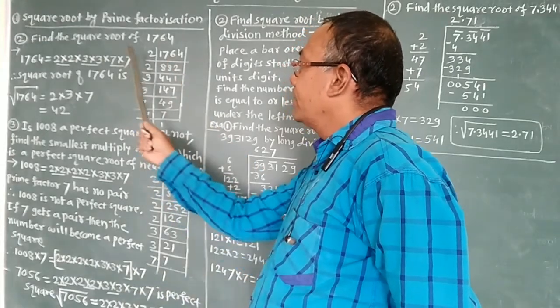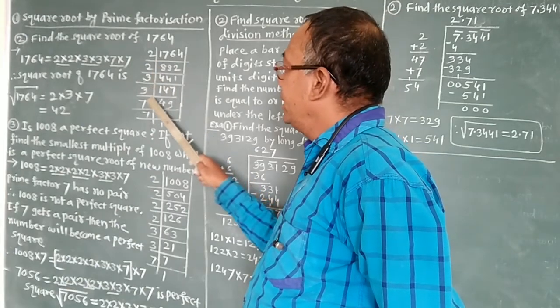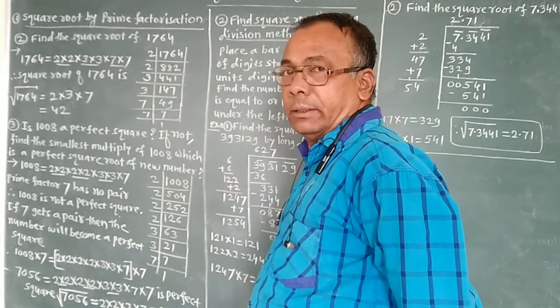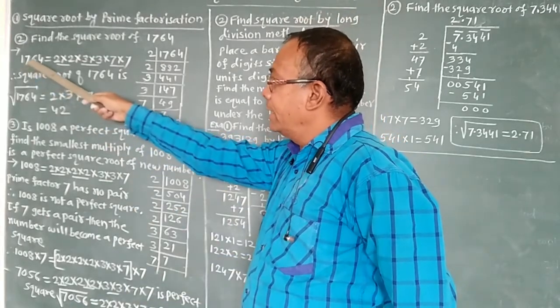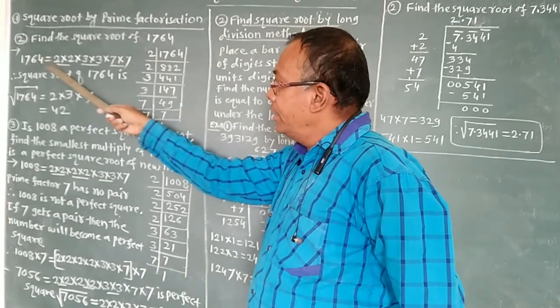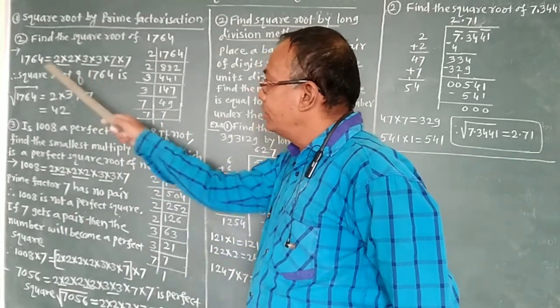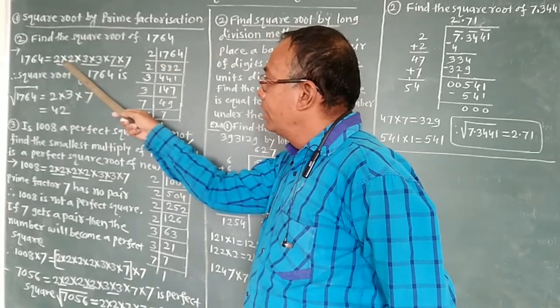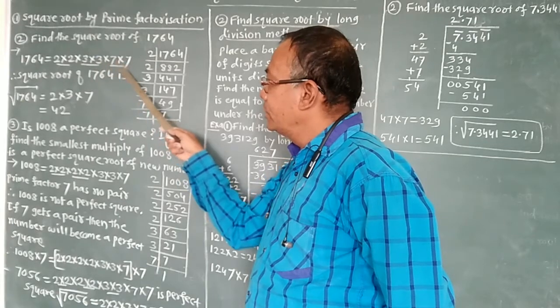So the factors are 2, 2, 3, 3, 7 and 7. And therefore 1764 is written in the form of the product of the prime factors, that is 2 into 2 into 3 into 3 into 7 into 7.